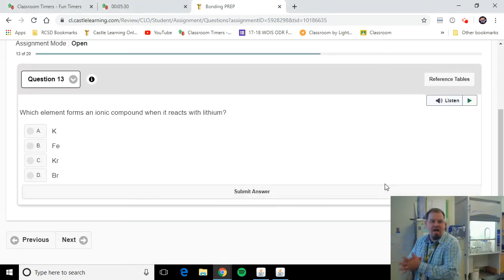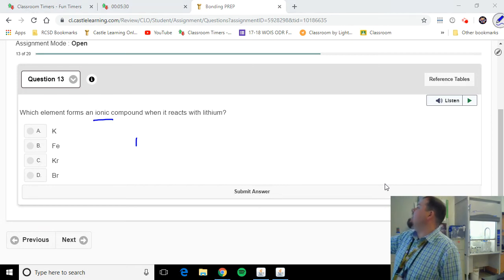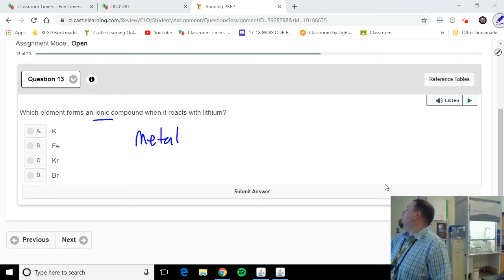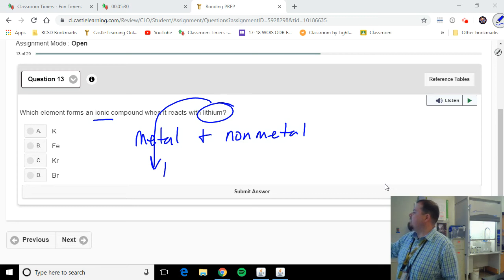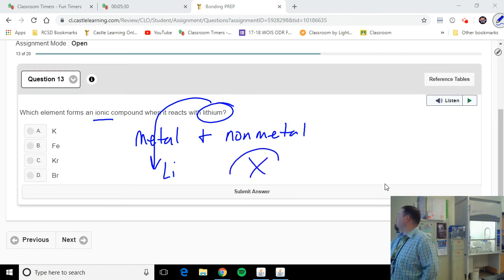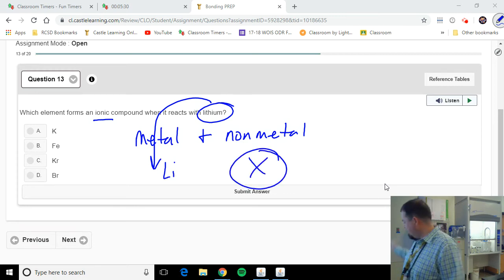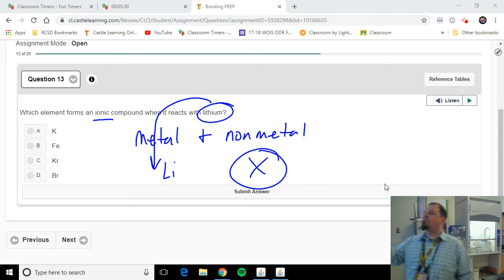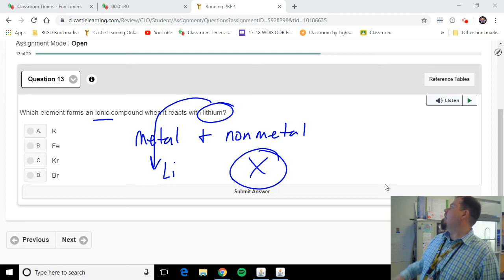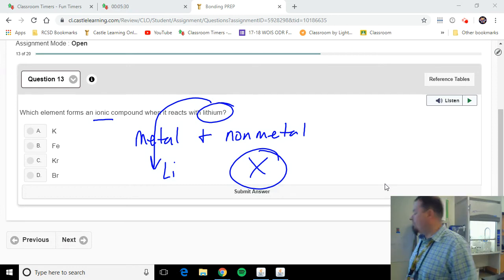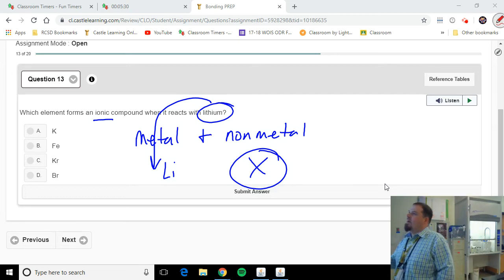Which element forms an ionic compound when it reacts with lithium? Well, ionic means metal and non-metal. And when I look up lithium, lithium is a metal. So I'm looking for some sort of non-metal. I could restate this question as which of the following is a non-metal, but that would make life too easy. All right, because I need to know that an ionic bond forms between a metal and a non-metal.